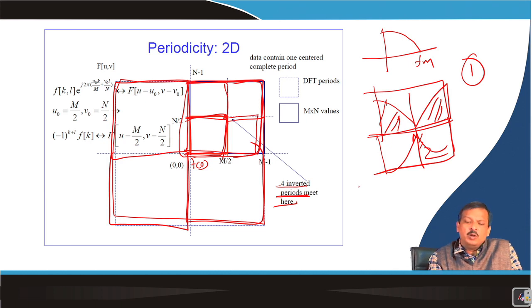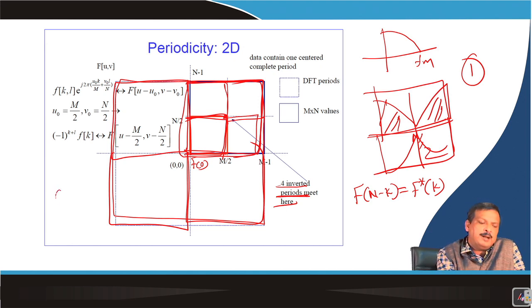So, what do you know? F of N minus k is equal to nothing but F star of k, the complex conjugate. What do you mean by complex conjugate? A plus jb is my number, the complex conjugate is a minus jb.